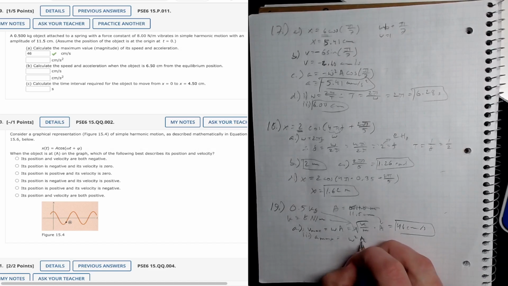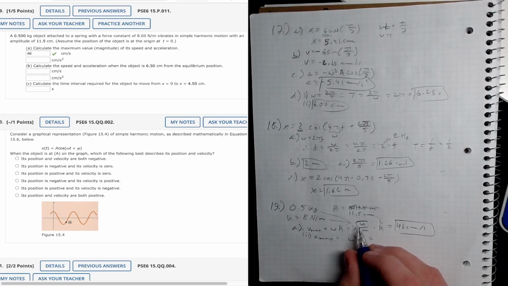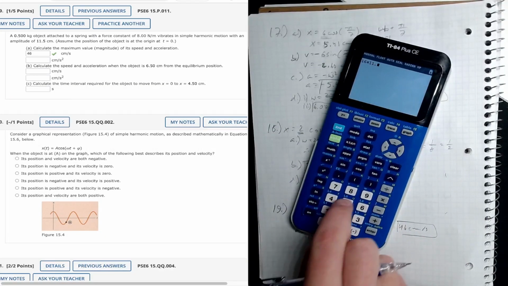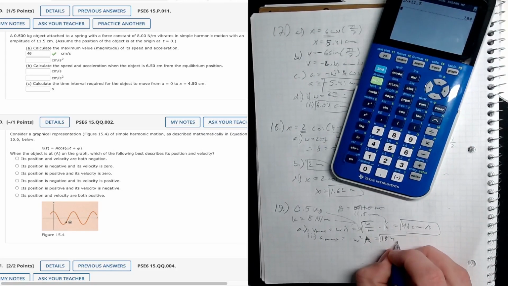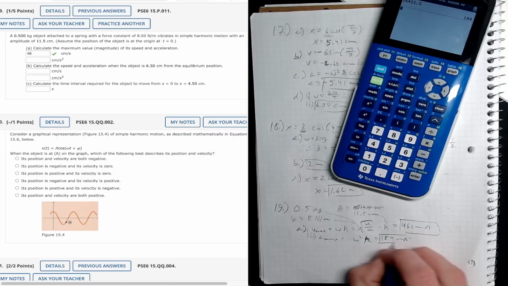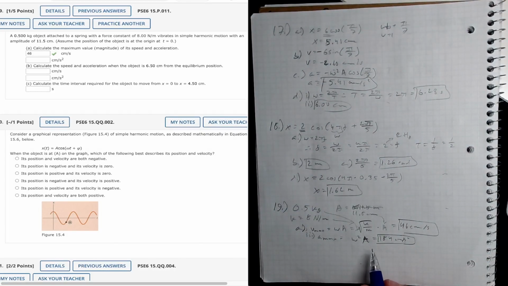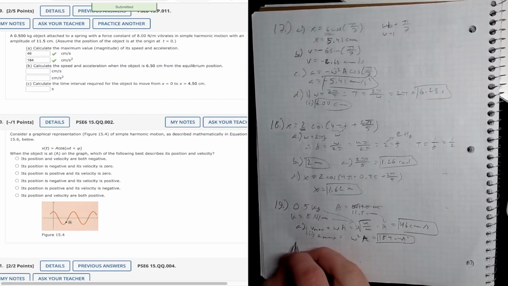So w squared is 8 over 0.5, 16. 16 times 11.5 is 184 centimeters per second squared. Now, guys, just using our equations again, the maximum acceleration is 184. Yeah. Please work, yes. Alright, now B.